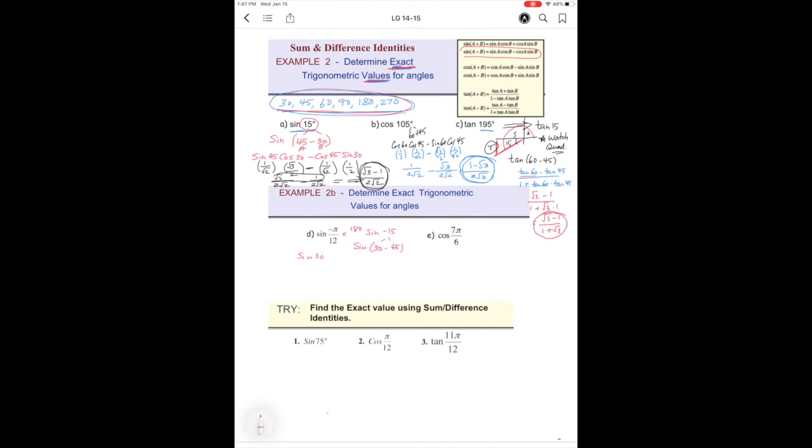So I have sine 30 cos 45 minus, pardon me, cos 30 sine 45. Now I write down the ratios.